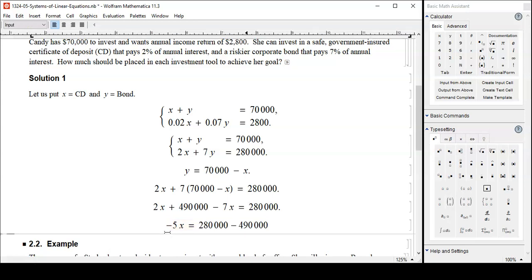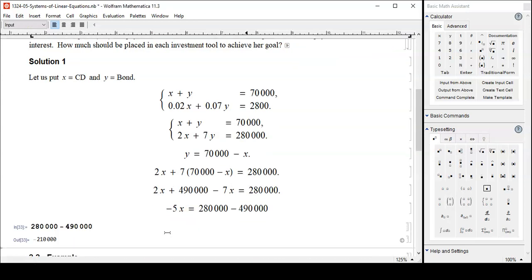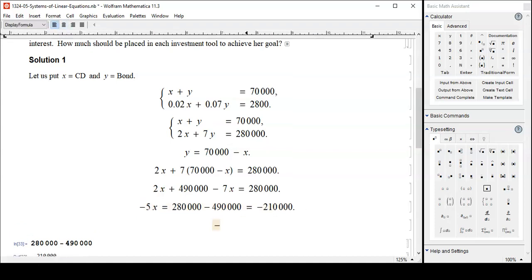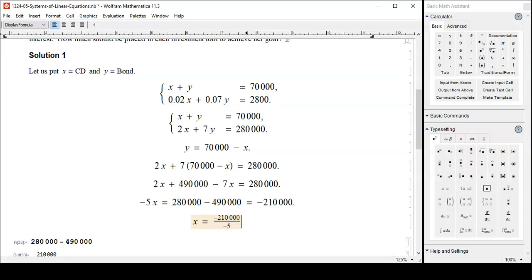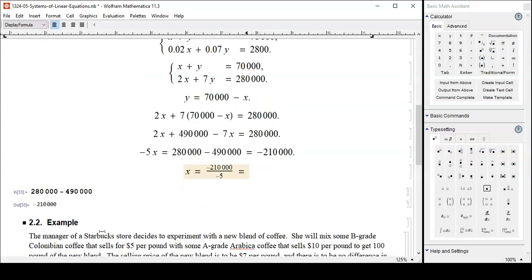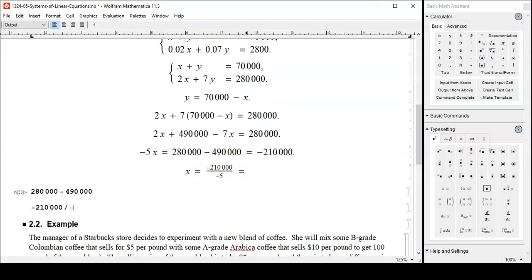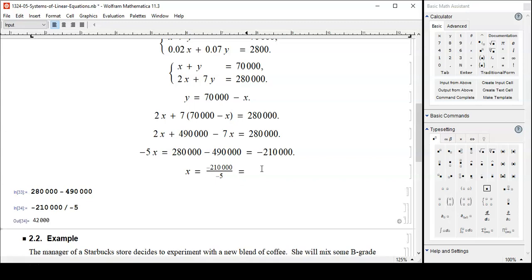I'd much rather use a calculator here. So that is negative 210,000. So dividing by negative 5, x equals negative 210,000 over negative 5, which is $42,000.